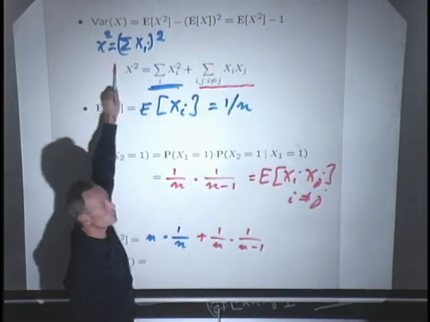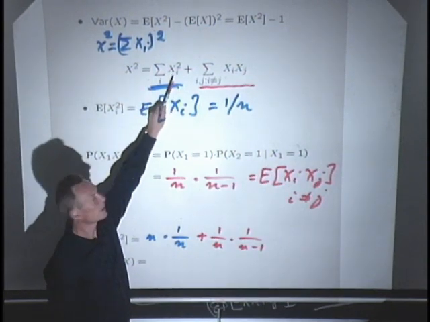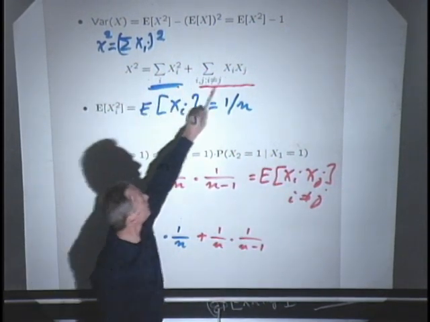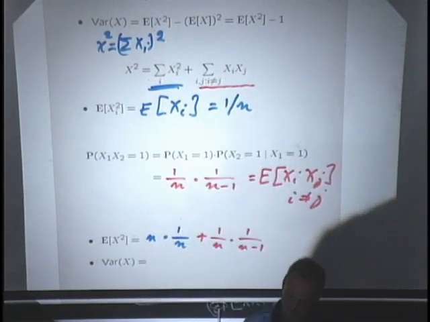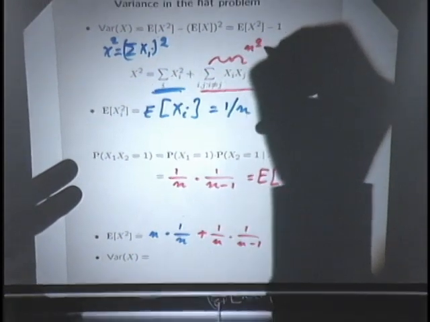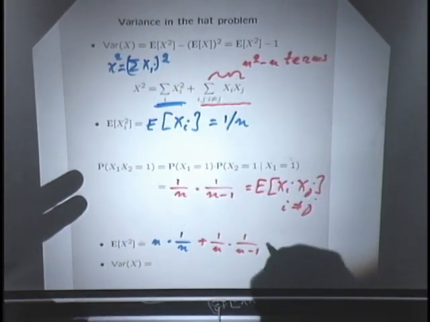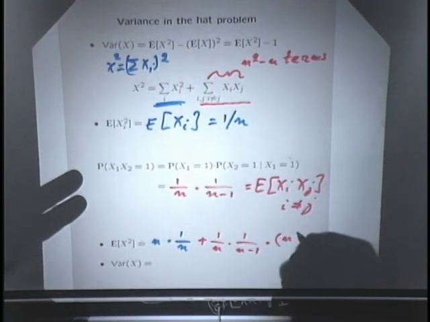When you expand the quadratic, there's a total of n squared terms. Some are self terms, n of them, and the remaining number of terms is n squared minus n. So here we got n squared minus n terms. And so we need to multiply here with n squared minus n.